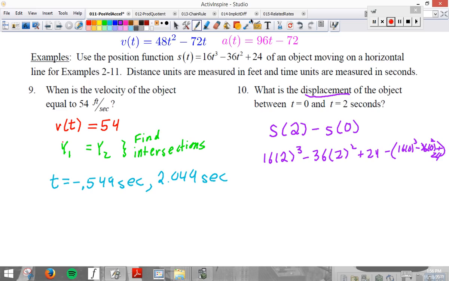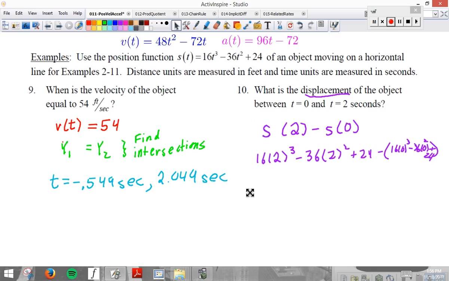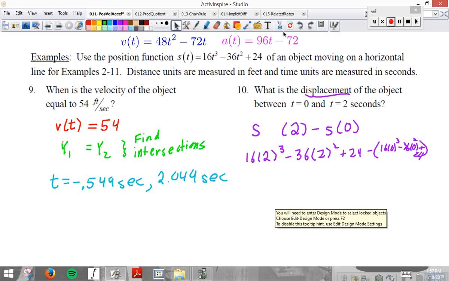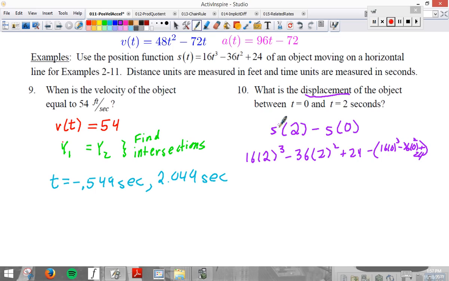Now, in general, you want to feel free to use your brain to recognize that this whole expression will just work out to be 24 when you plug in 0. But this will get just as much credit as that.